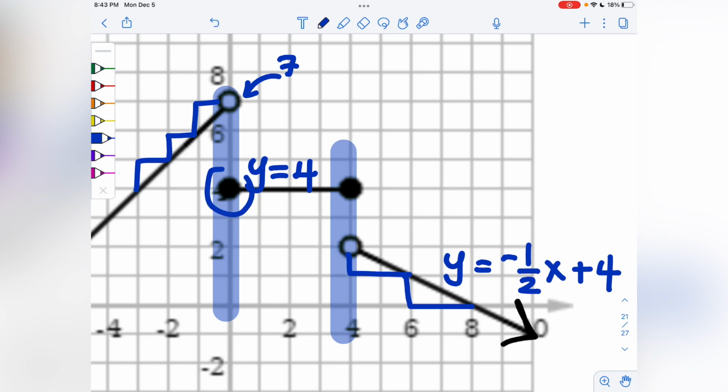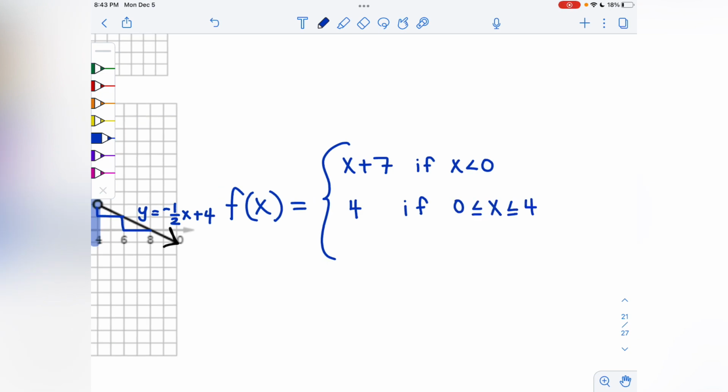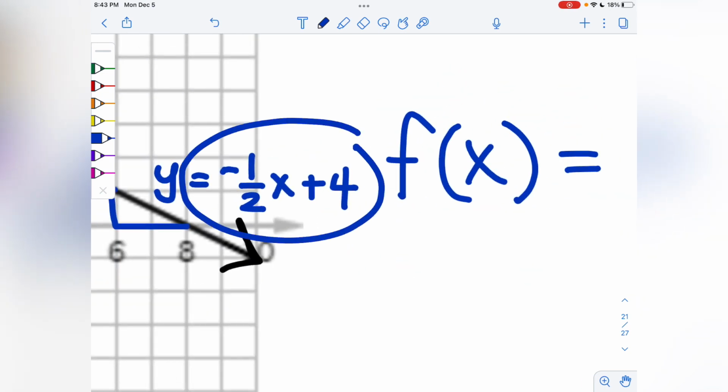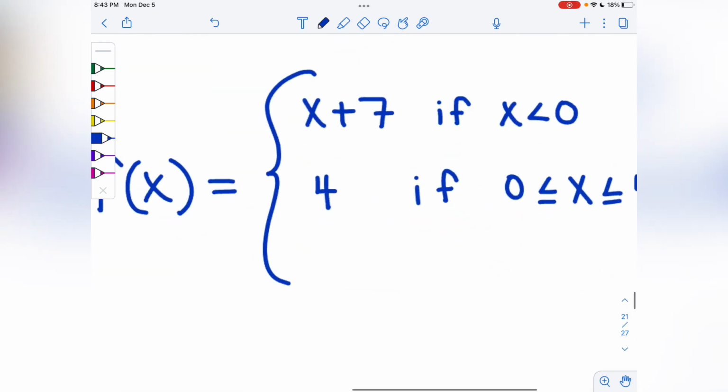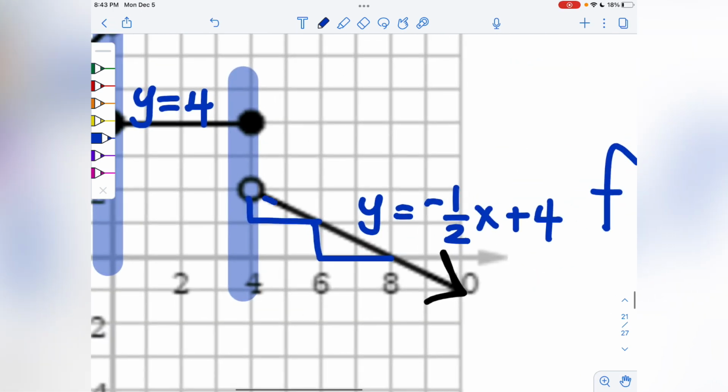And these are inclusive because these are my filled in circles. So if x is between 0 and 4 inclusive. And finally, we use this equation, -1/2 x plus 4, if x is greater than, to the right of, the number 4.